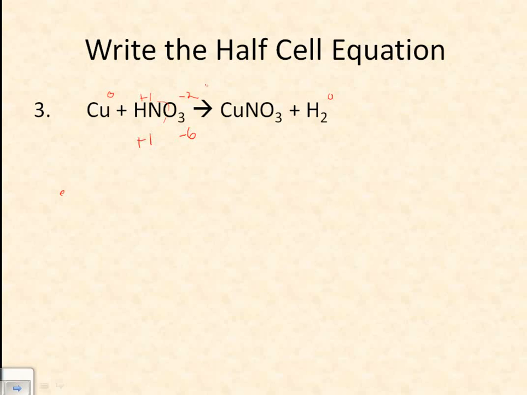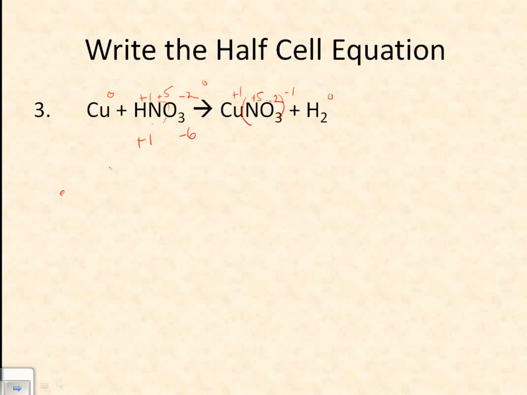So to make this whole thing neutral, I've got to have nitrogen be +5. I can do the same thing here. What I know is the nitrate itself is a -1, so the copper must be a +1. And within the nitrate, these are going to have the same charges, so the nitrogen is going to be a +5, oxygen a -2.